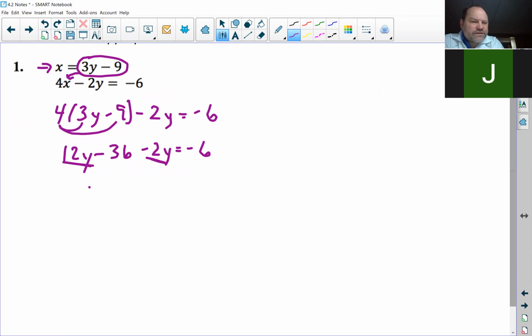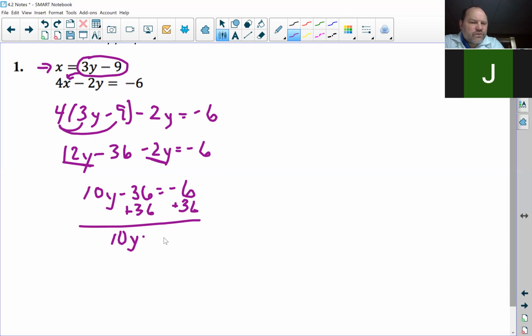So that would give me 10y. And then add 36 to both sides. 10y equals 30.